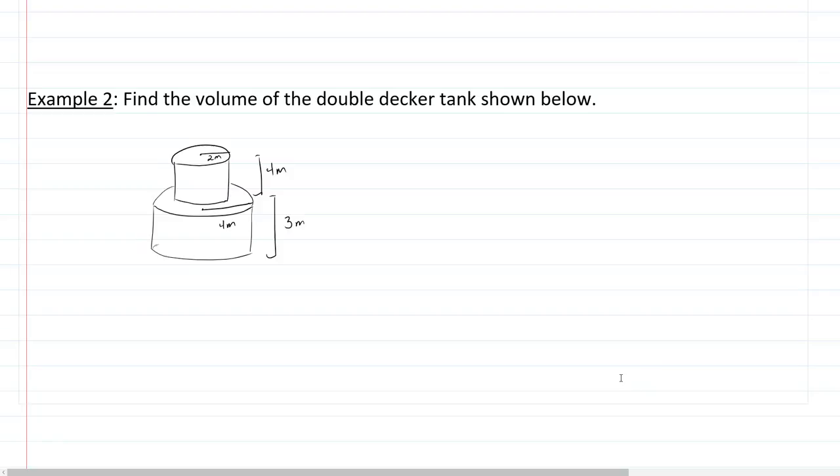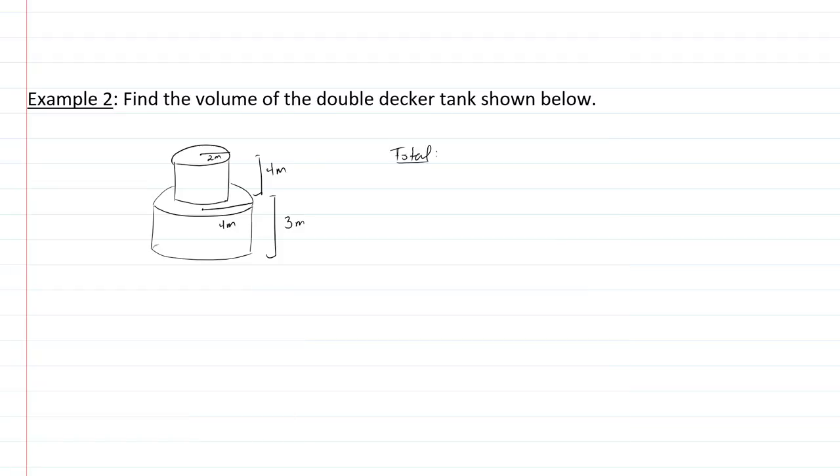Example 2. Find the volume of the double-decker tank shown below. So to calculate the total volume, we need to add the smaller tank and the larger tank together. We need to add the volumes. So let's find the volume of the smaller. Volume is equal to pi r squared times the height.